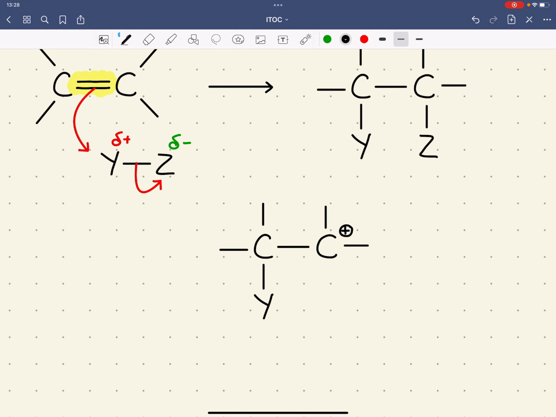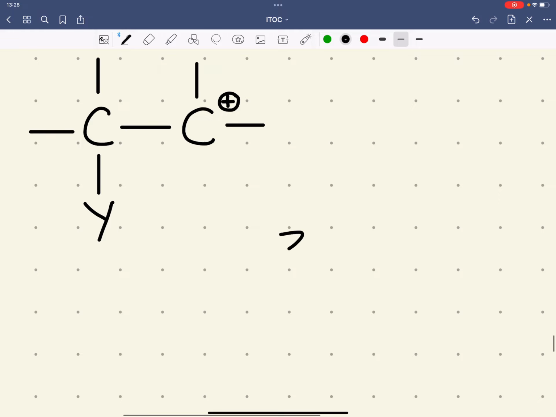In the process of this YZ bond breaking, this Z now gains this pair of electrons, and now Z is negatively charged with a lone pair. And it just so happens the lone pair on Z can then form a new bond with that positively charged carbon.